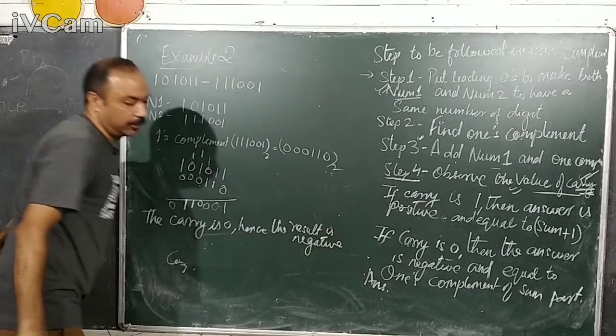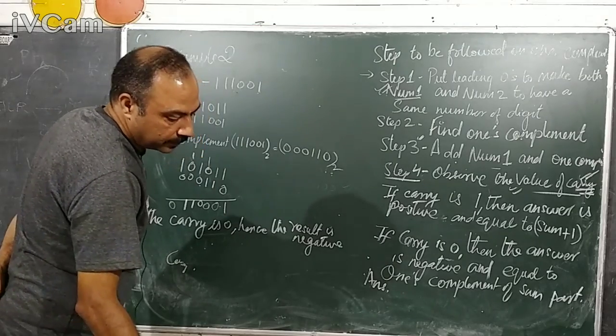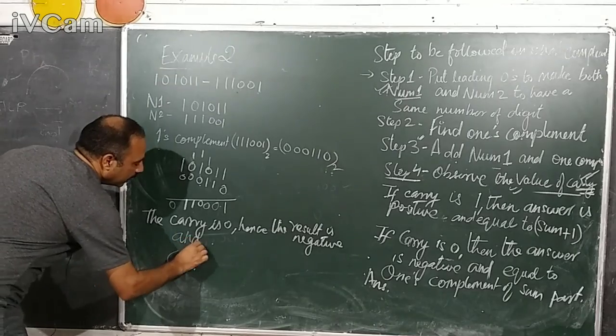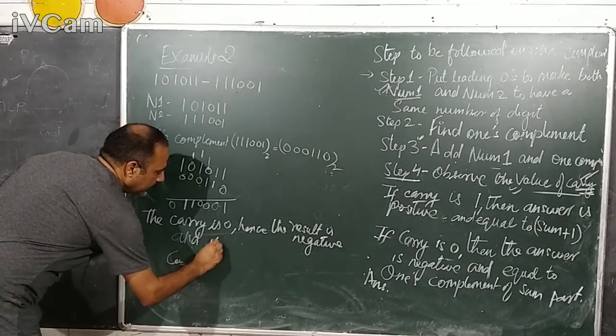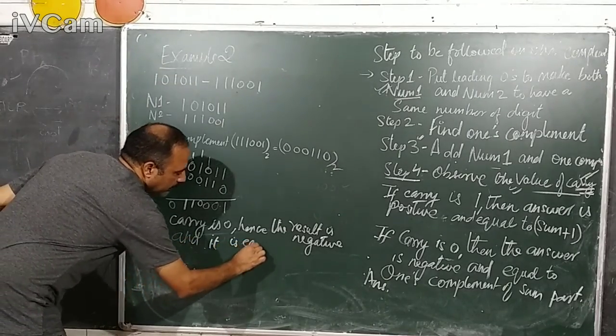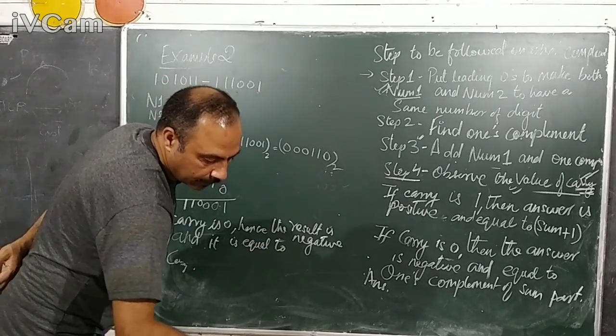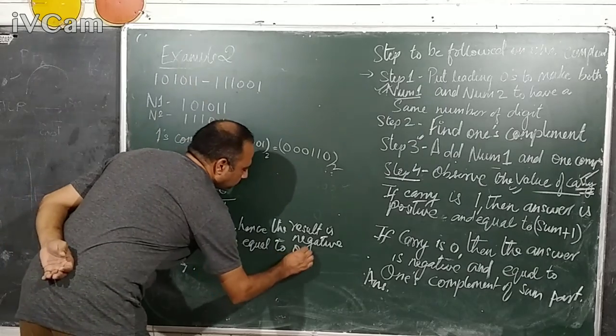So, negative result, 0 means negative. Then it equals the 1 complement of the sum.